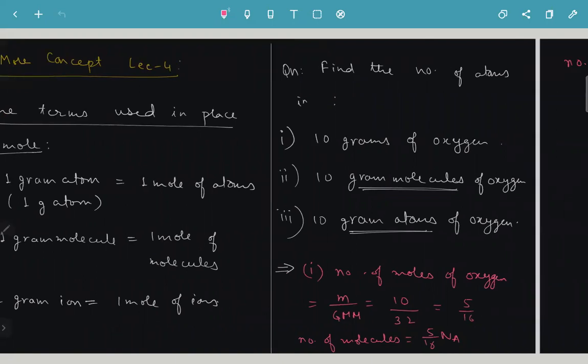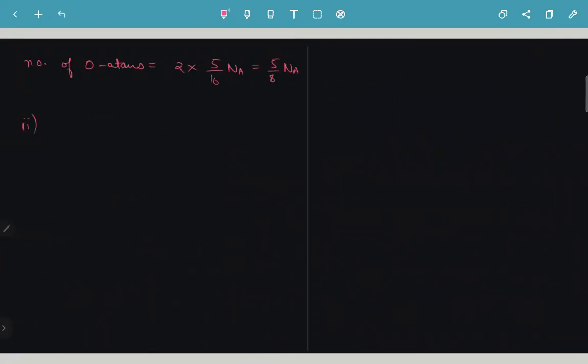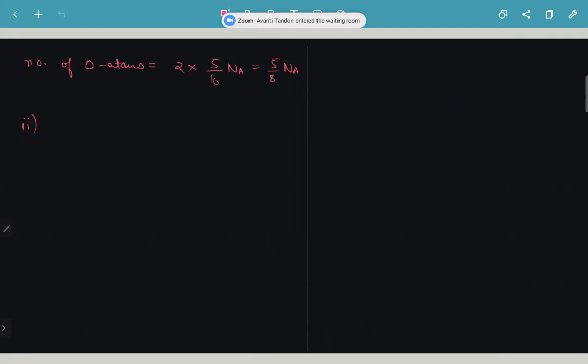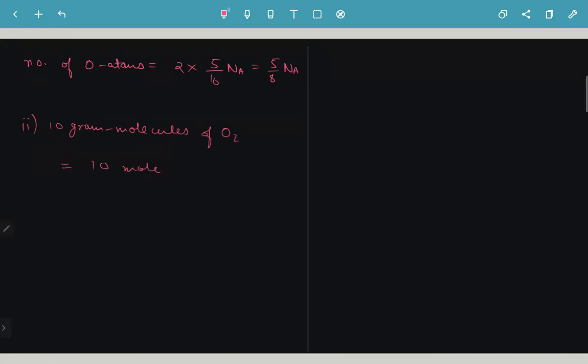Let us try the second part. The second part says 10 gram molecules of oxygen. 10 gram molecules of oxygen will be 10 moles of oxygen, which is equal to 10 into Na molecules of oxygen.